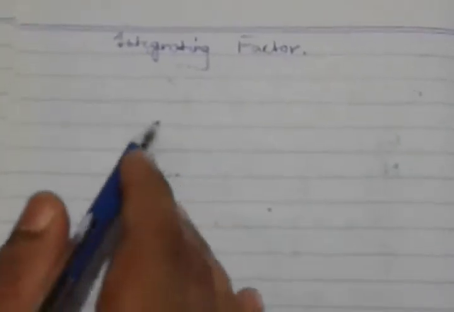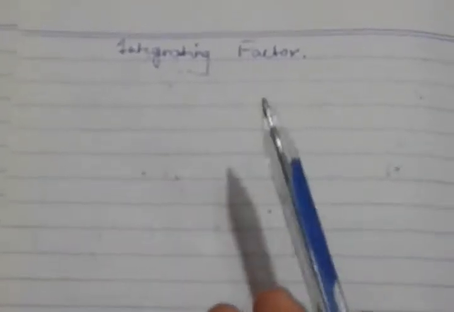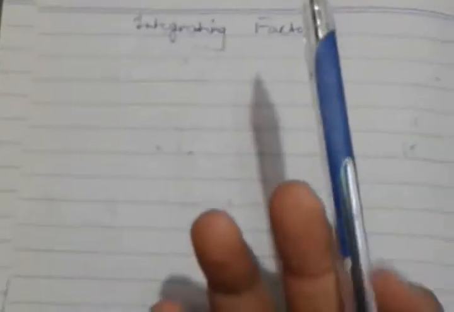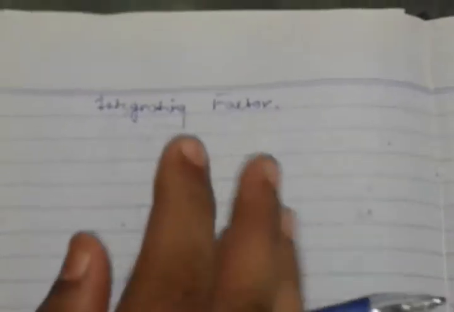To solve reducible to exact equations, there are certain rules. Similarly to the exact equation method, there are two basic rules that have to be applied while solving reducible to exact equations.